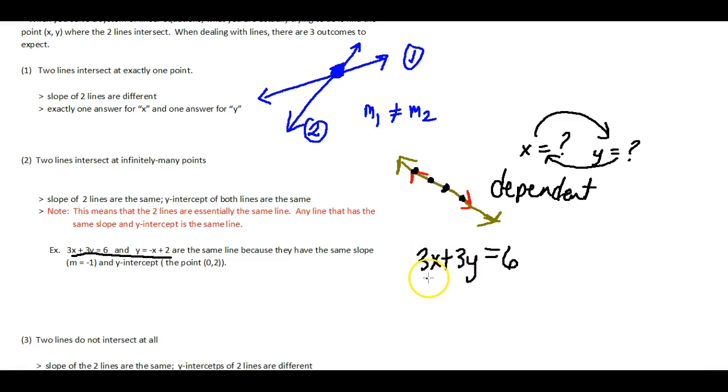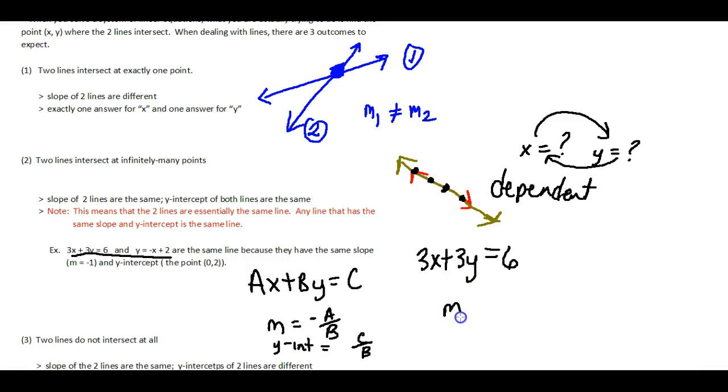And so instead of solving for y here, we're going to note that for an equation that is in standard form, we can get the slope by doing minus a over b, where a is the number next to the x, b is the number next to the y, and we could find the y-intercept by doing c divided by b, where c is the number by itself over here and b is the number next to the y.